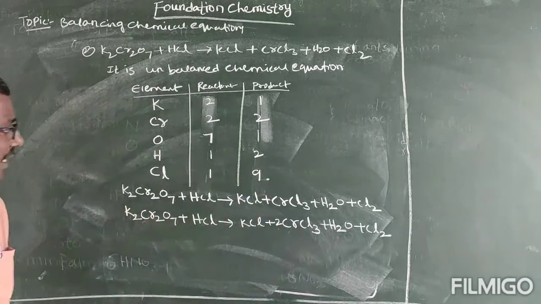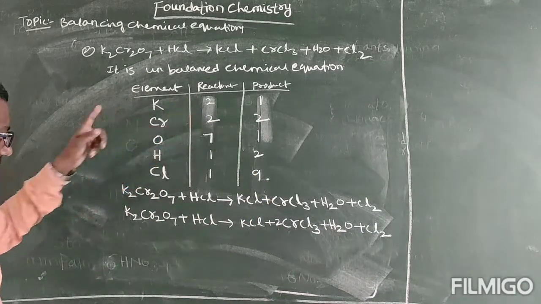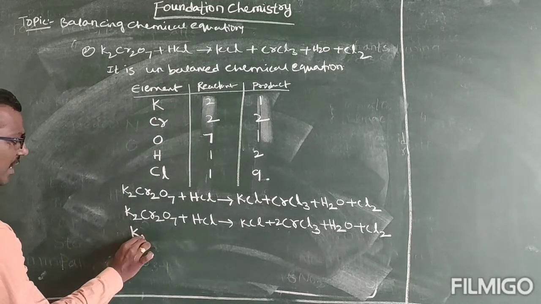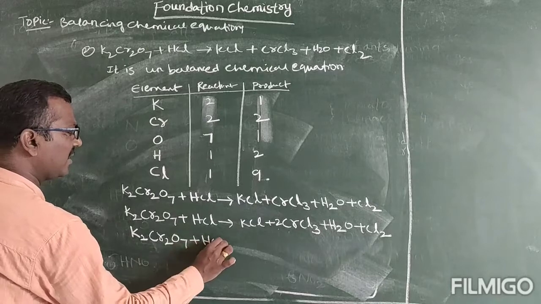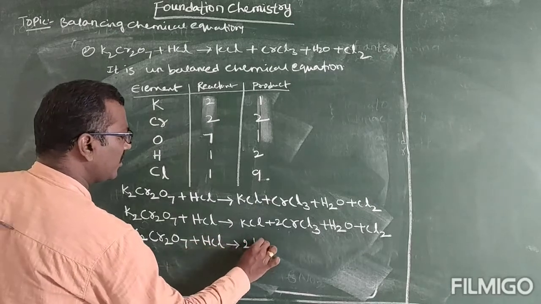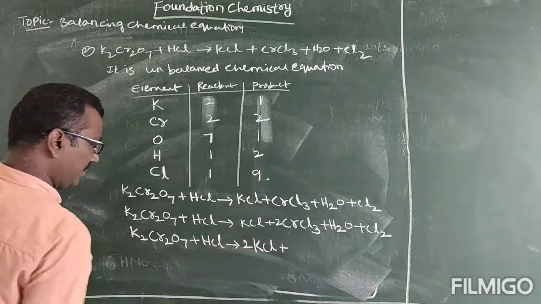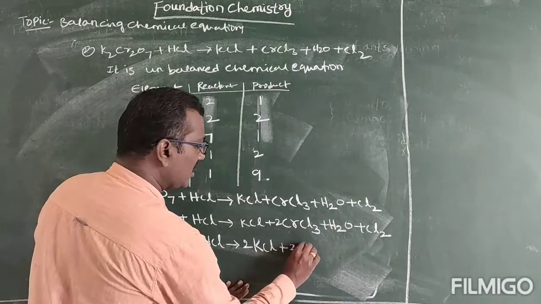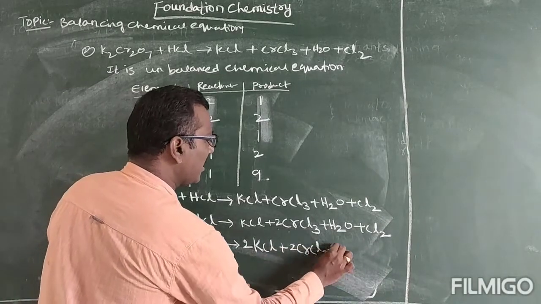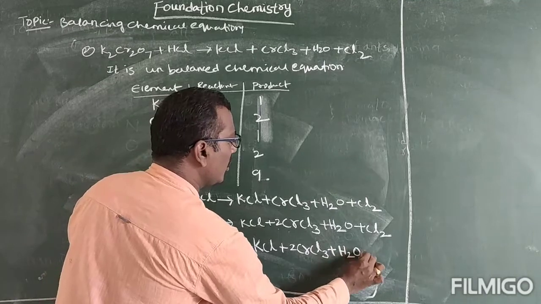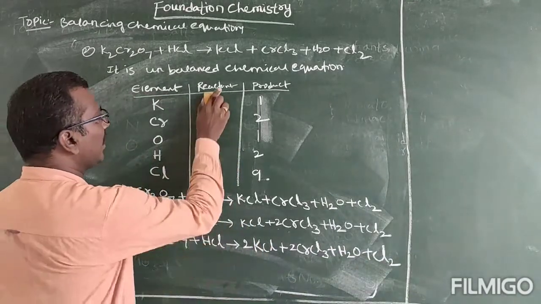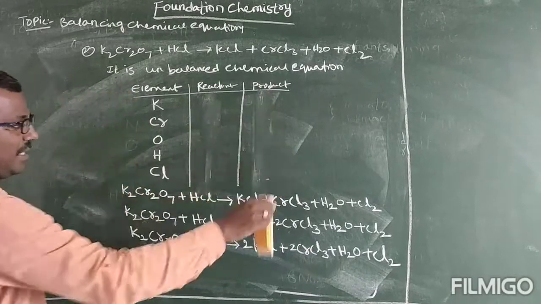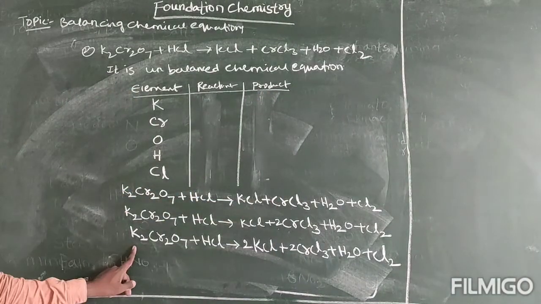Next, what is the next? Potassium have to balance. K2Cr2O7 plus HCl gives rise to 2KCl plus 2CrCl3 plus H2O plus Cl2. Now again I will check whether the reactant and products are balanced or not.